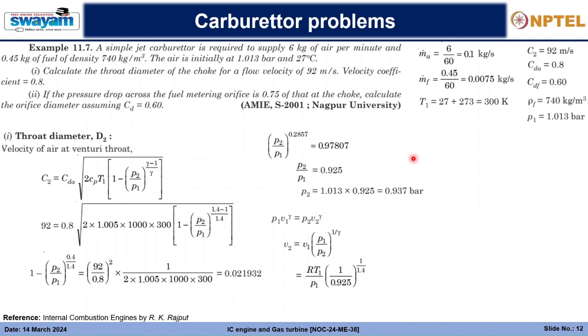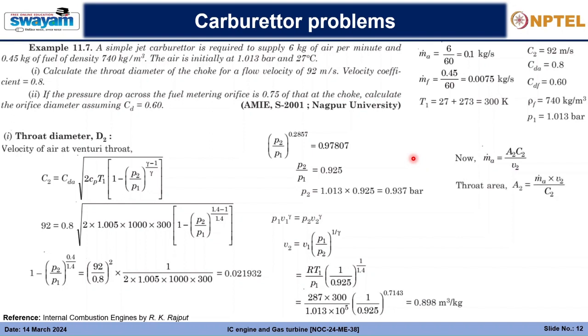Accordingly, we get the value of V2 to be 0.898 meter cube per kg. Now, the mass flow rate is A2 C2 divided by V2, so the throat area is A2 equals MA V2 divided by C2. So we get the throat area to be 9.76 centimeter square.